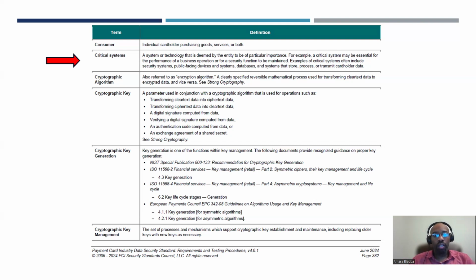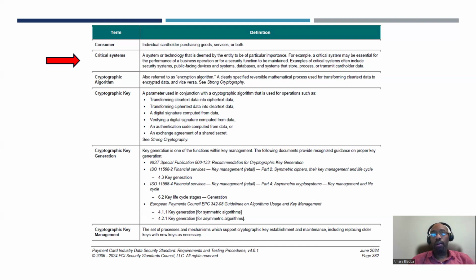Critical systems. So all this means is that, and you will hear this a lot, okay? Within PCI, we have critical systems, but there are some systems that are more critical than others, right? So we want to identify those systems. For example, any system that is in the production environment is considered a critical system.